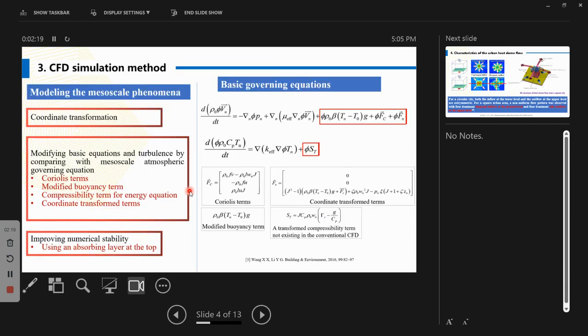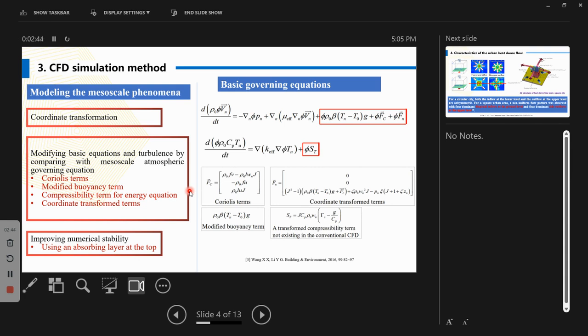In our study, the approach is to extend the method to the mesoscale flows. We made some changes to the governing equations to couple them to the traditional CFD method.